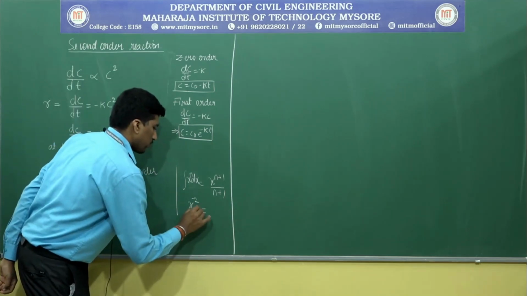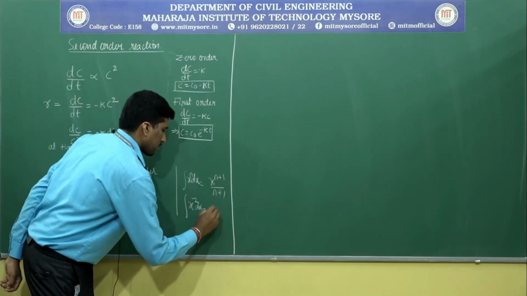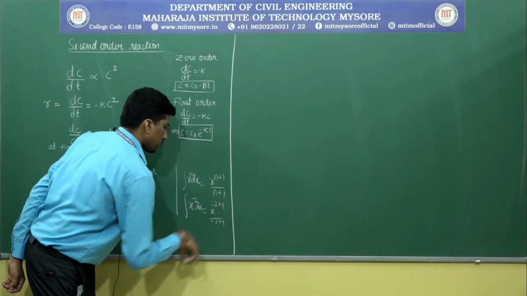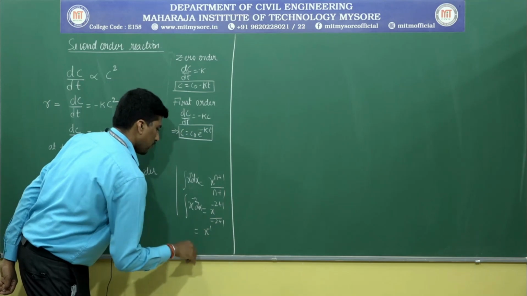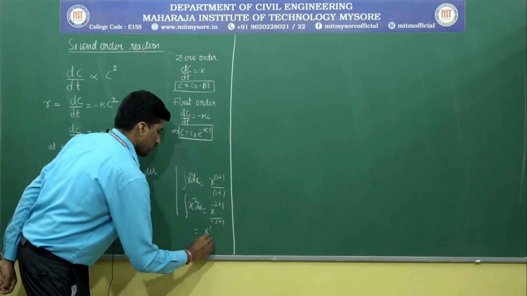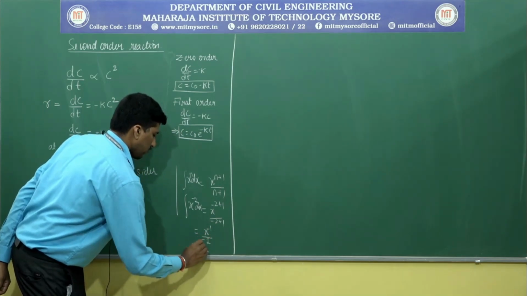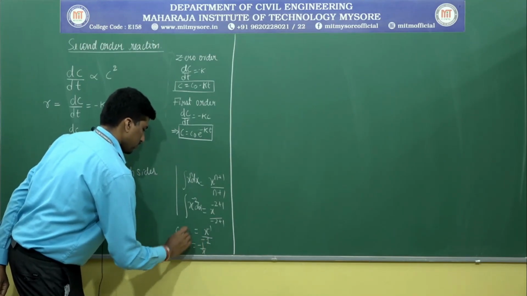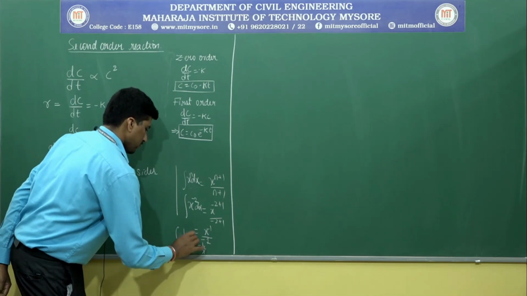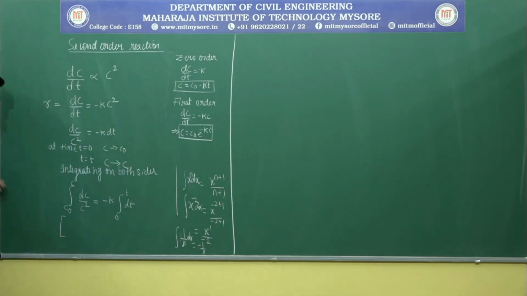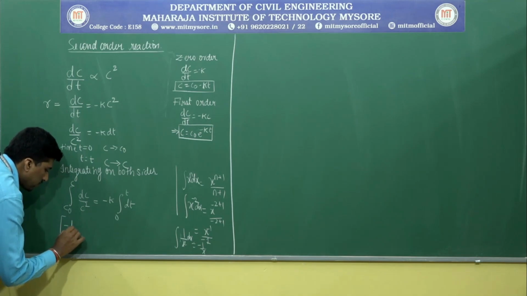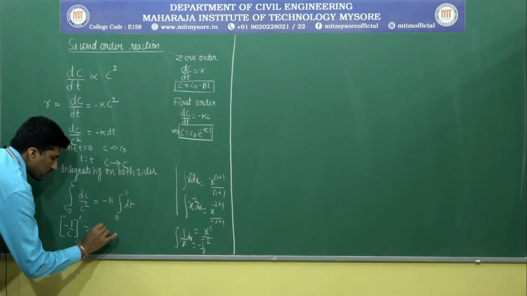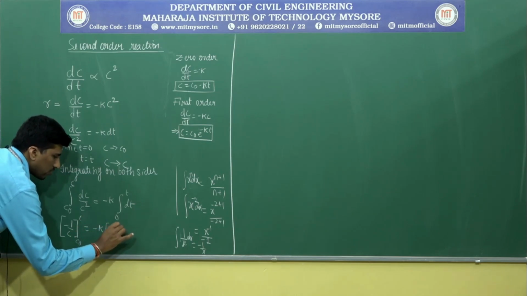That is equal to x to the power of minus 2 plus 1 divided by minus 2 plus 1, which gives x to the power of minus 1 divided by minus 1. Therefore, it can be taken as minus 1 by x. So minus 1 by c within the limit c naught to c is equal to minus k into t minus 0.